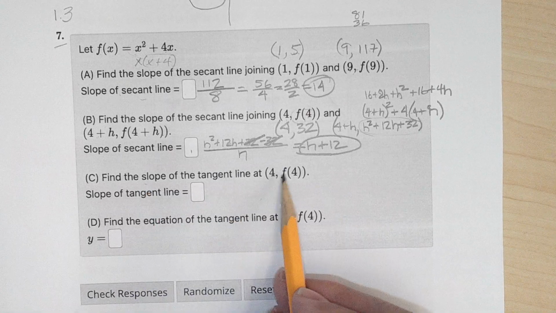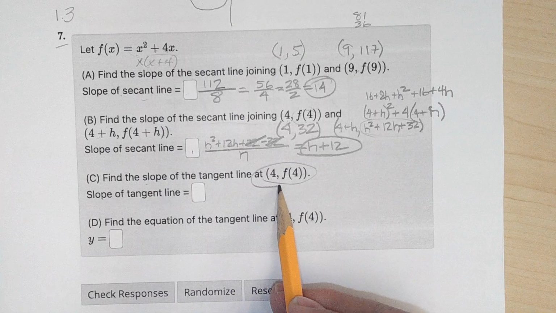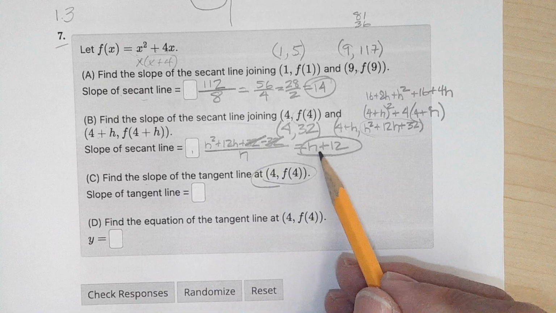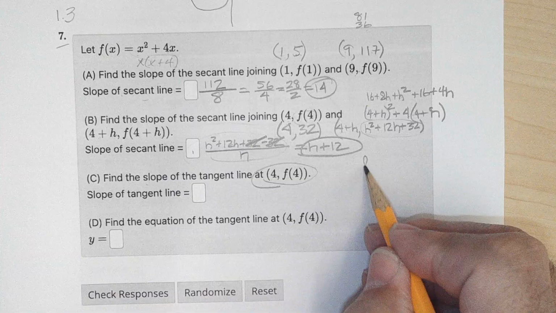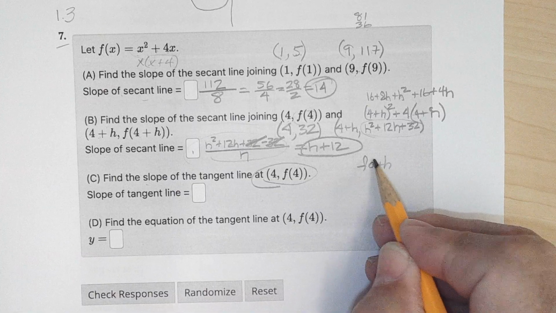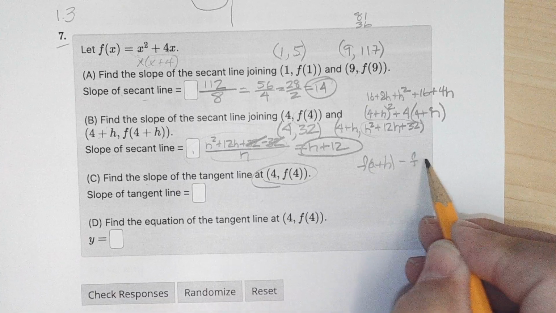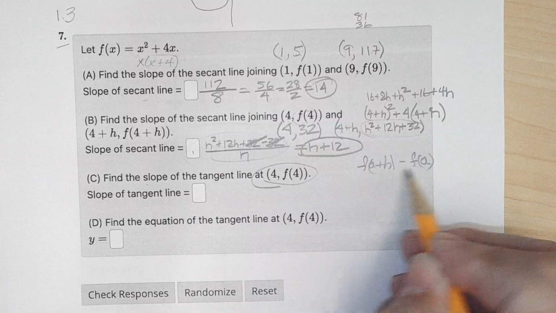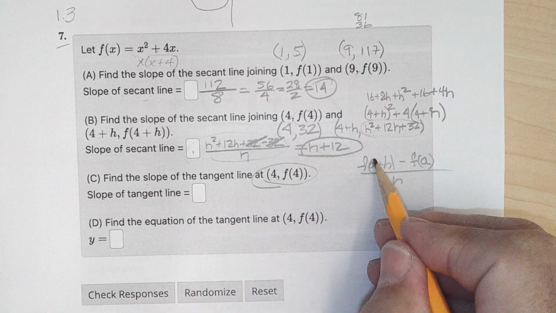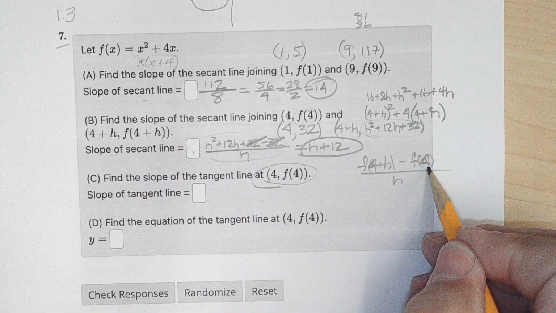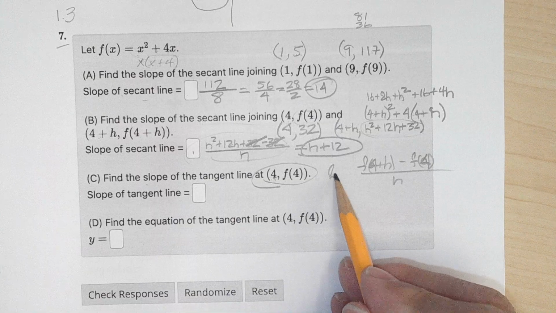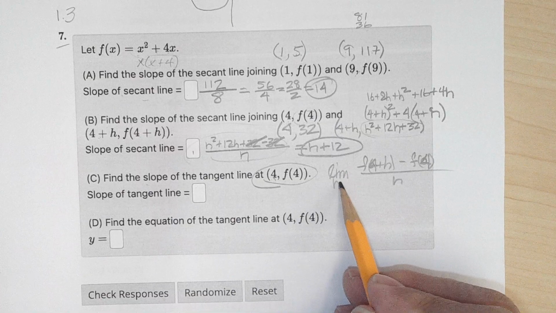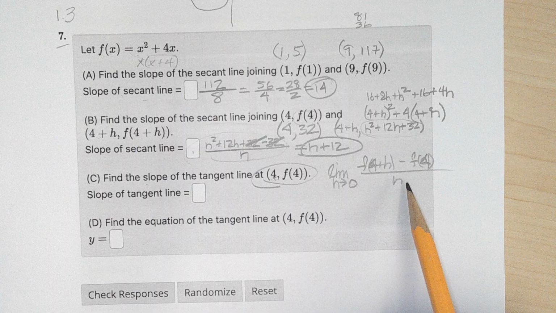Now it says find the slope of the tangent line at 4. Well, then this is the f of a plus h minus f of a over h, but a was 4, and because we're doing it at 4, all we have to do is find the limit as h approaches 0.